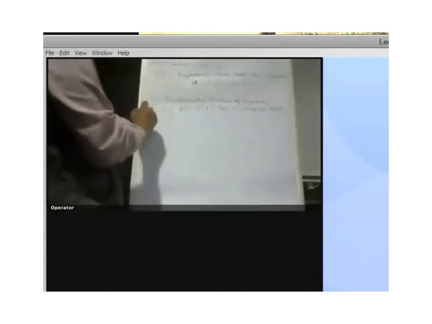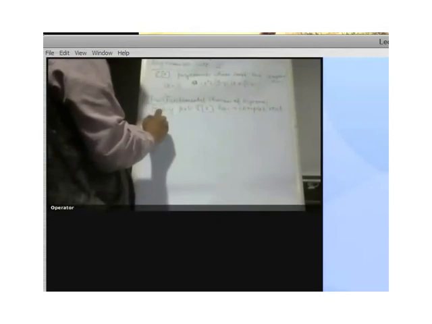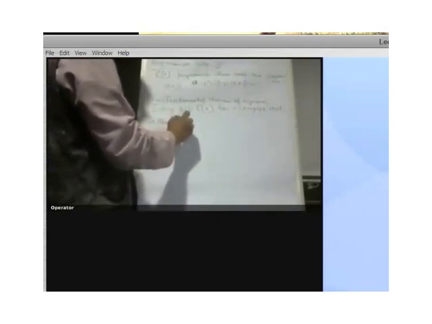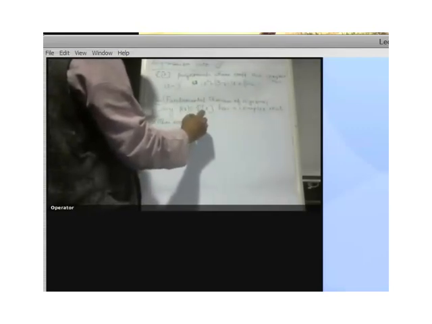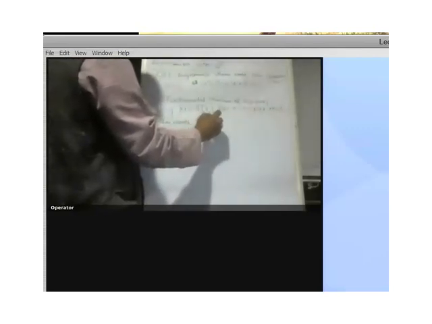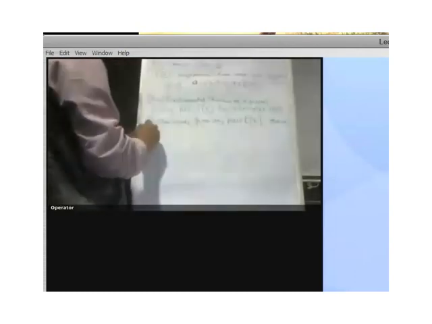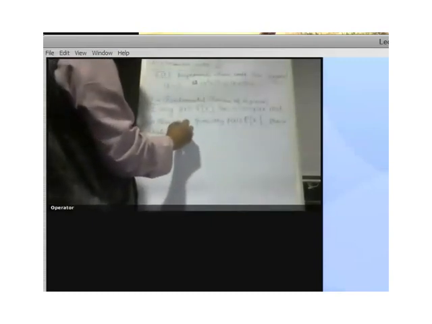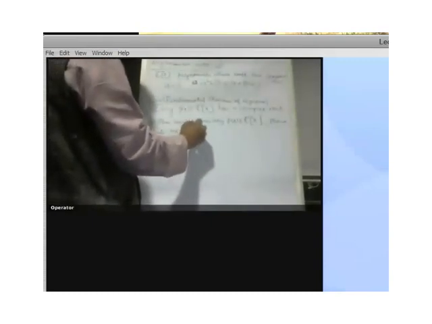That means, in other words, given any polynomial with complex coefficients, there exists a complex number such that it vanishes.